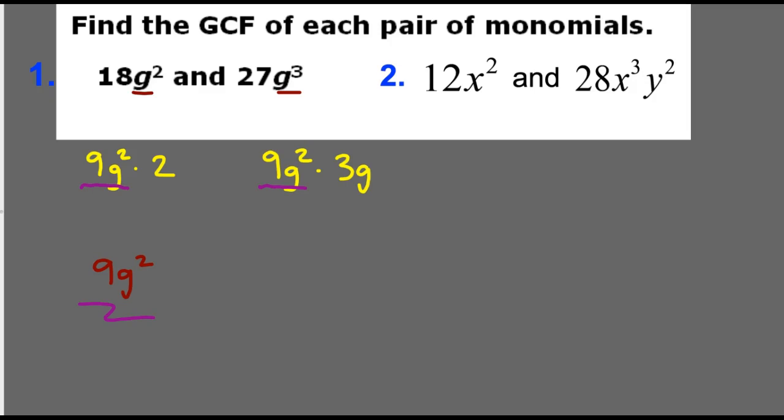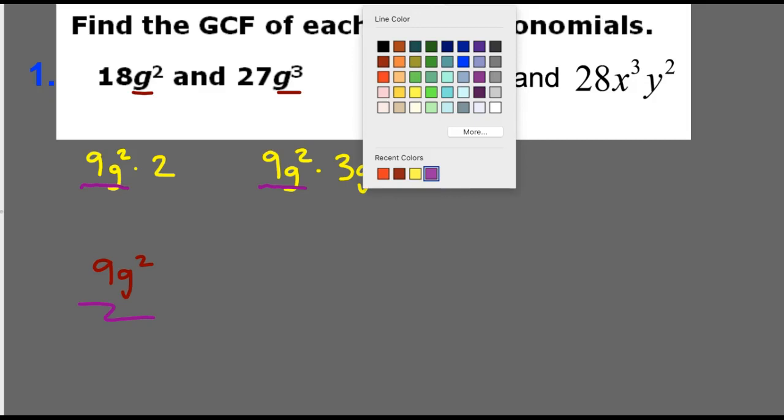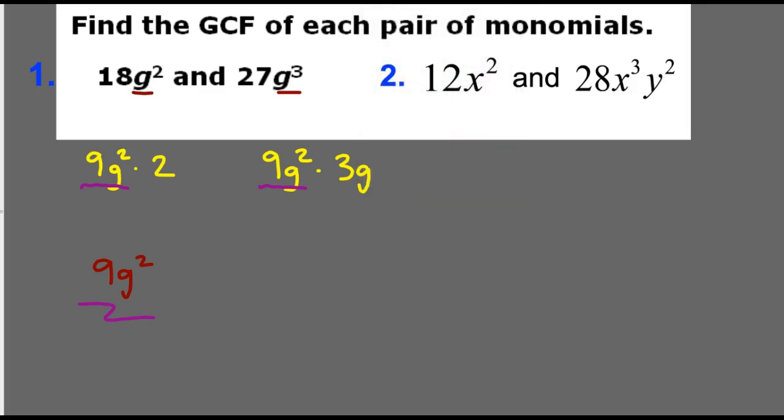Right? What about 12x squared and 28x cubed y squared? Well, look at the coefficients, or the number part. 12 and 28 have a greatest common factor of, I believe, 4. So that would be a 4. And then if you look at the variable parts, you can think about it as, let's break it all down.